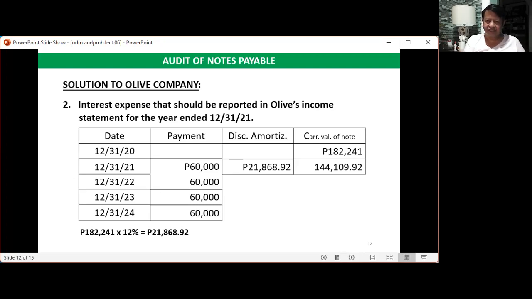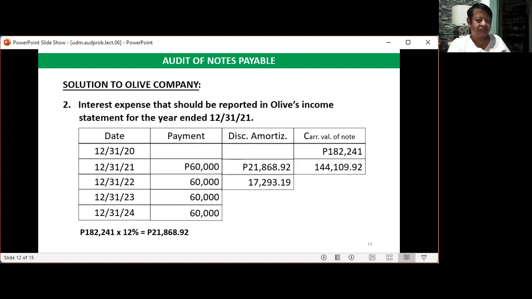We will deduct this difference from 182,241, and that is why we arrive at 144,109.92. For December 31, 2022, we will again multiply this amount by 12%.